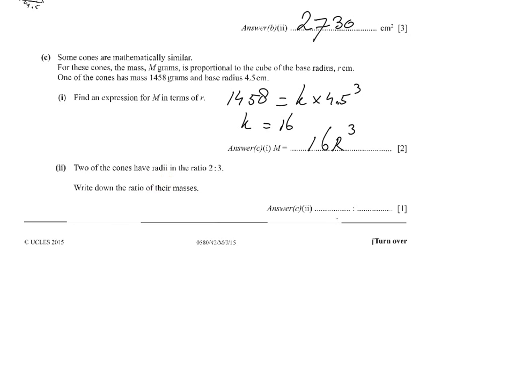Two of the cones have radii in a ratio 2 to 3. Write down the ratio of their masses. And a radius, of course, is a length, but then their masses are going to be cubed. So what do I do? Well, if the radius, let's say, is 2, then 2 to the power 3 is 8.